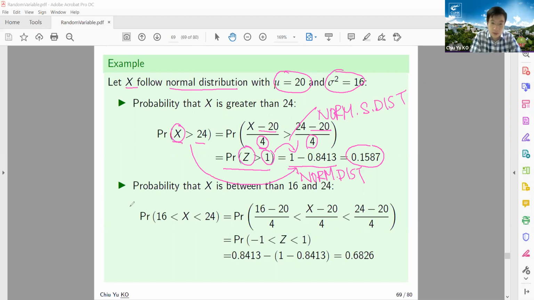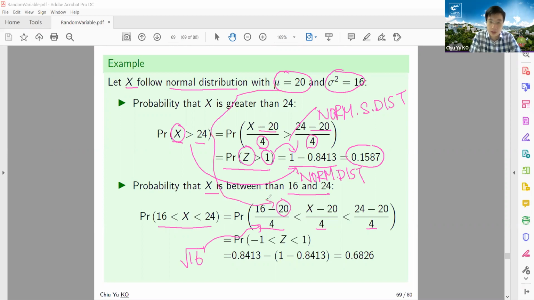Immediately we go to the spreadsheet. Same for this, x is between these two numbers, and you subtract the mean and divide by the standard deviation. The square root of 16 gives 4, and 20 comes from the mean.